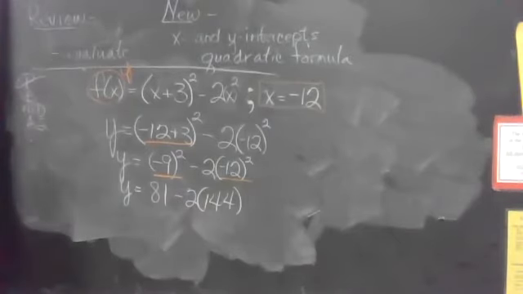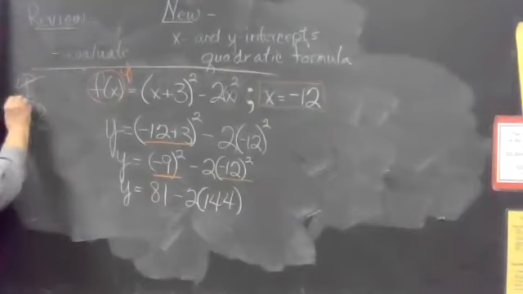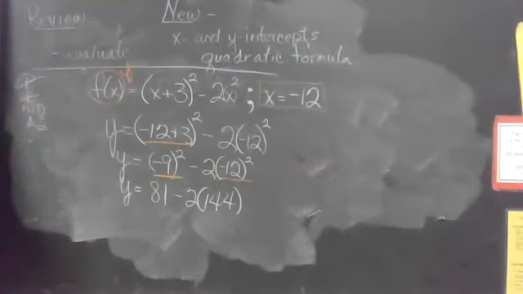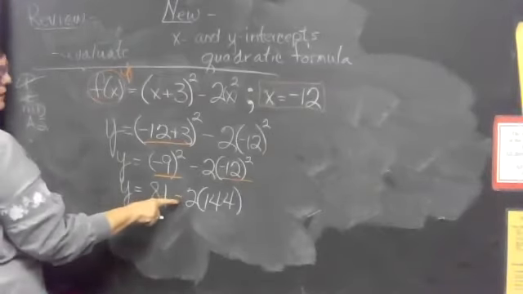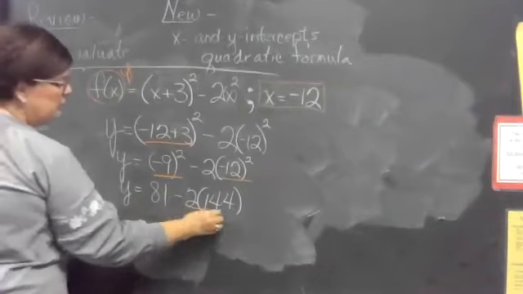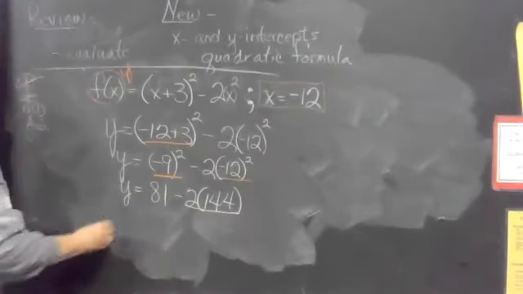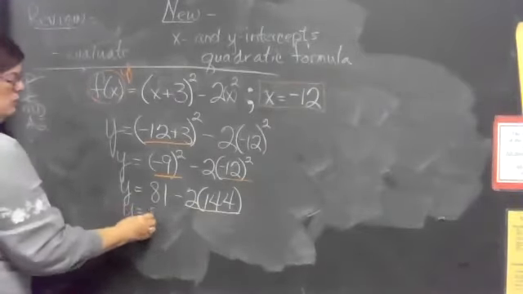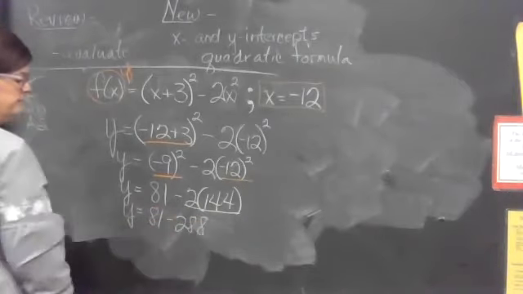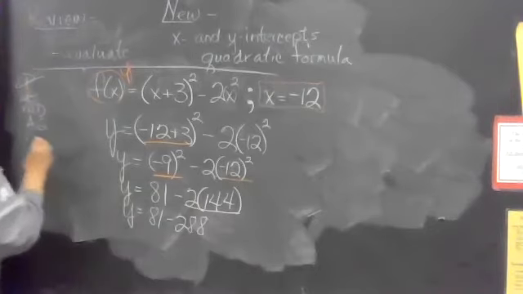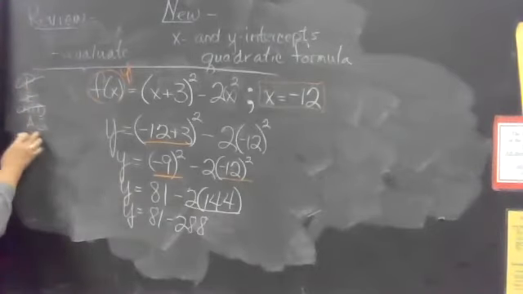Okay, next step. We've done all of the exponents. Now it says do all the multiply and divide left to right. So if we start here, we have a minus. We're not supposed to do the multiply. So we're going to multiply here. We have y equals 81 minus 288. And then we've done all the multiply and divide, do add and subtract.